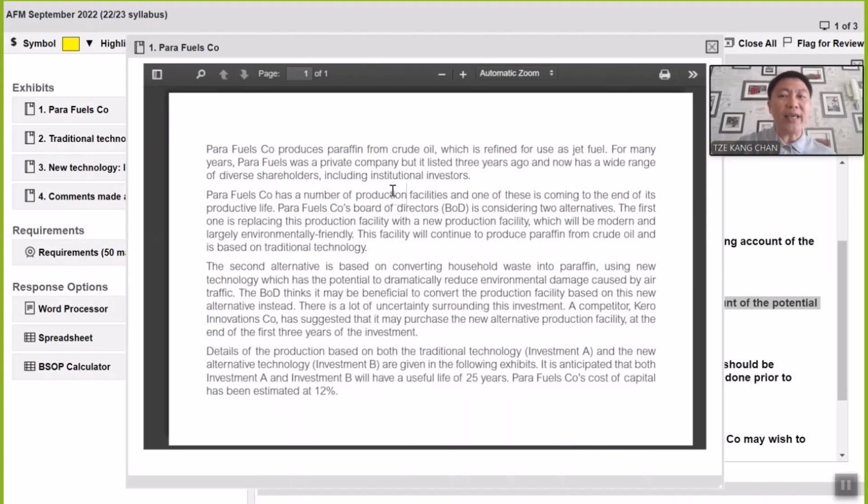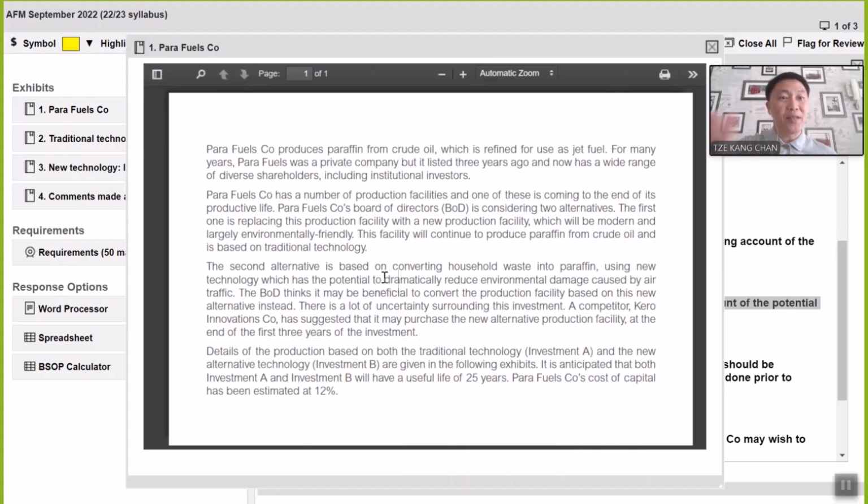We are now looking into a replacement of one of its production facilities by one of two investment projects, namely A, represented by a traditional technology, and alternatively B, represented by a new technology. It is the new technology we're talking about.